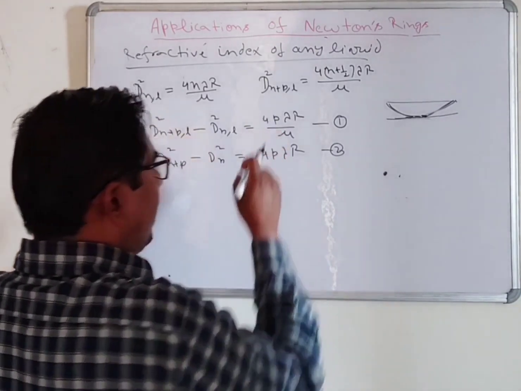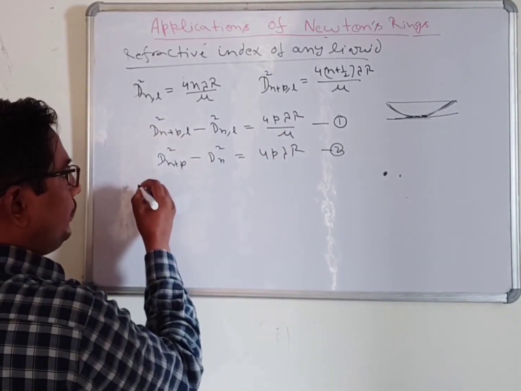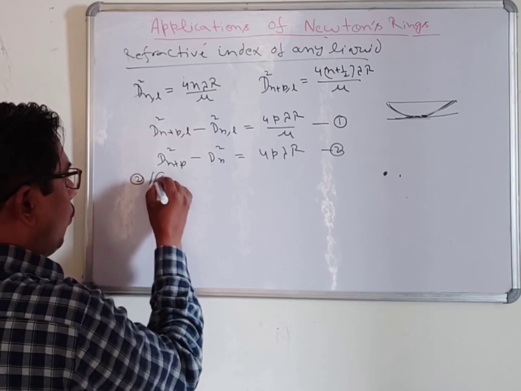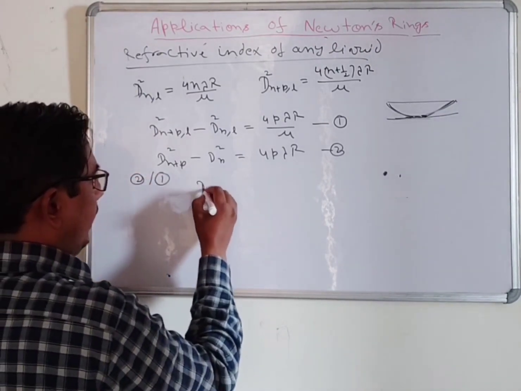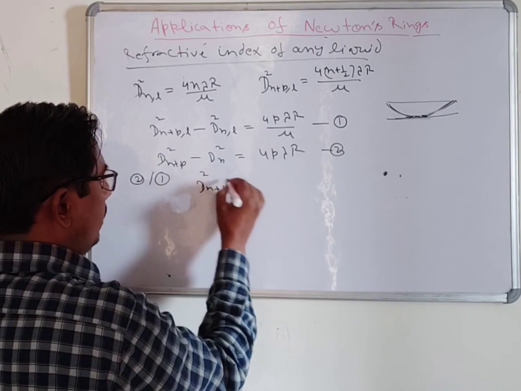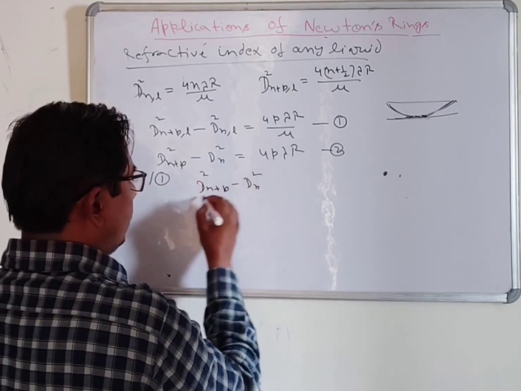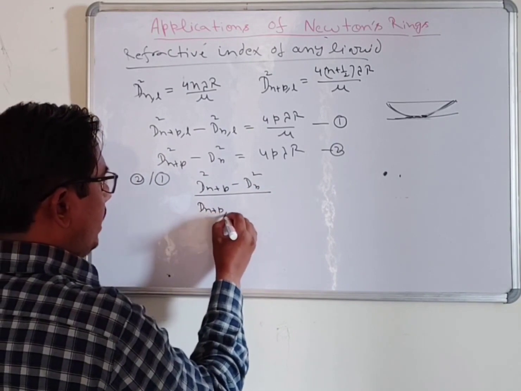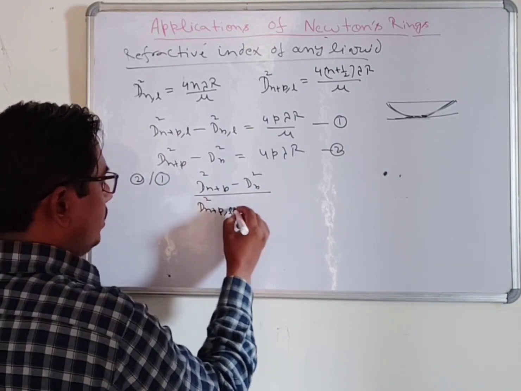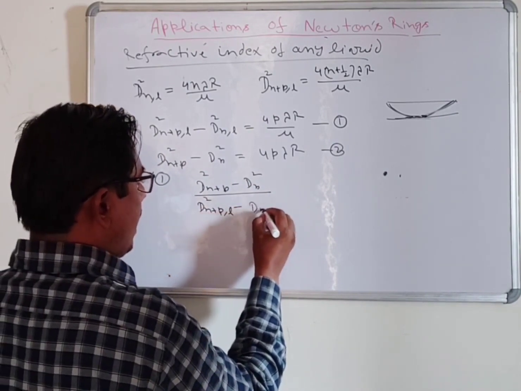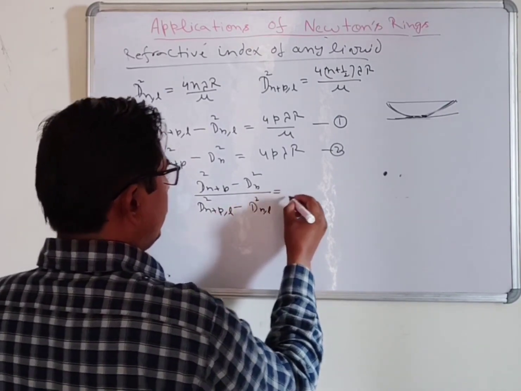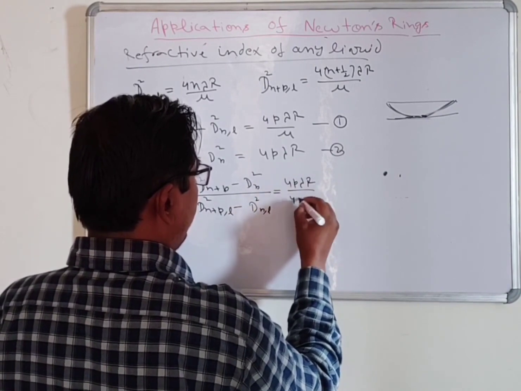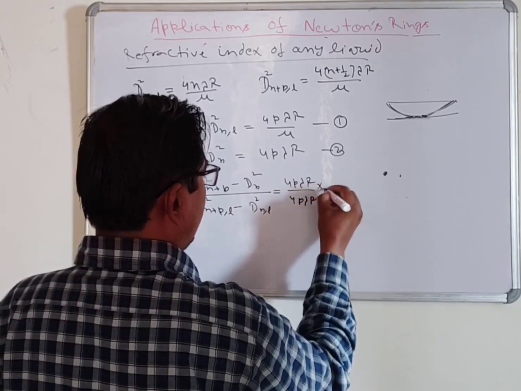Now we will divide equation 2 by 1. So d_(n+p) square minus d_n square, divided by d_(n+p)L square minus d_nL square, equals 4p lambda R divided by 4p lambda R over mu.